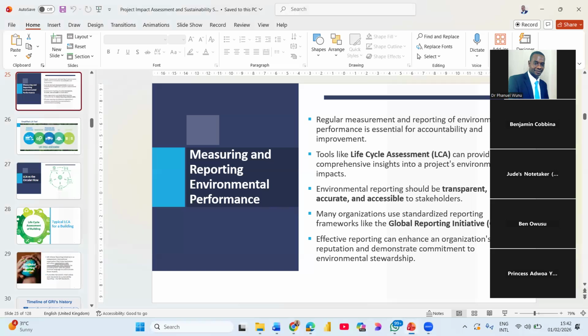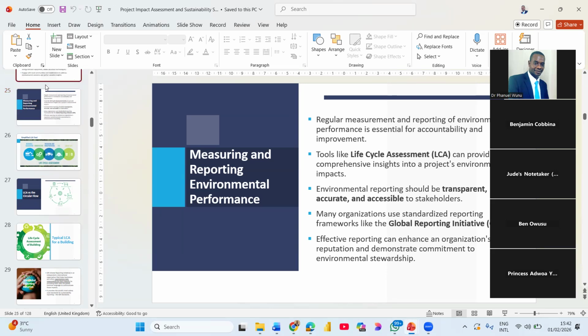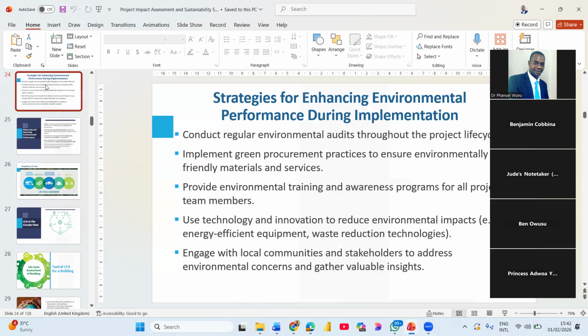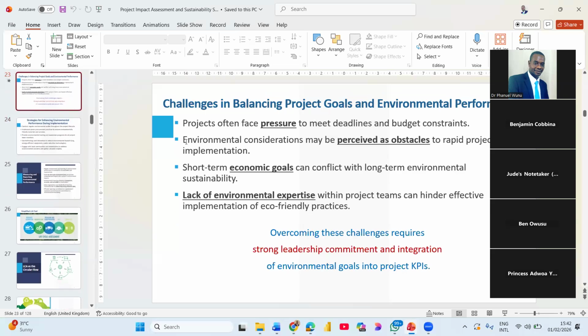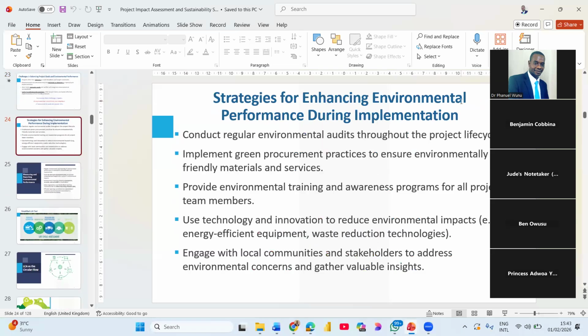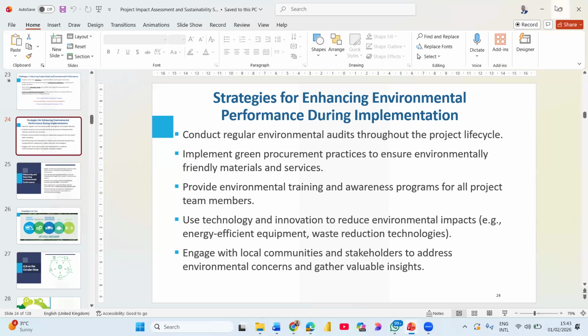Okay, so like I was saying, we need to think more about how we can engage the Environmental Protection Agency. They are one of the key institutions in Ghana that can give us the best ideas about environmental protection.